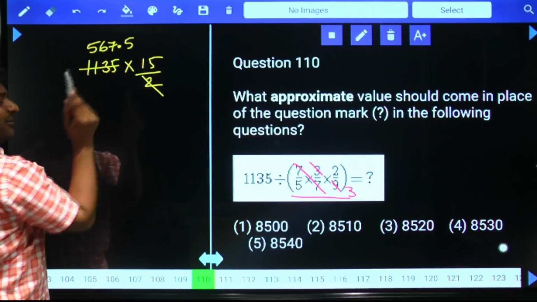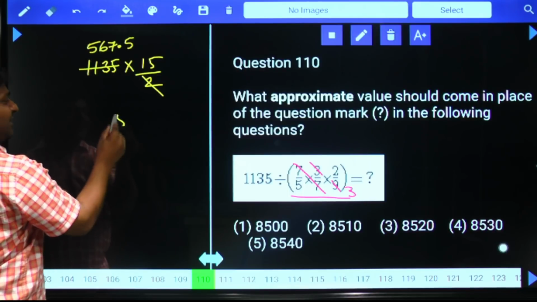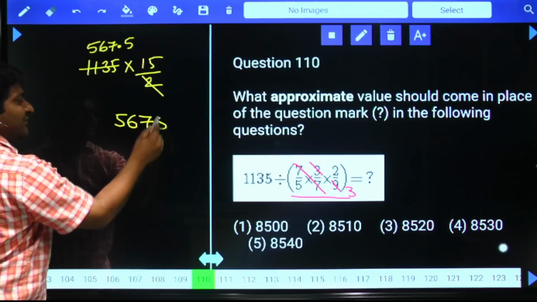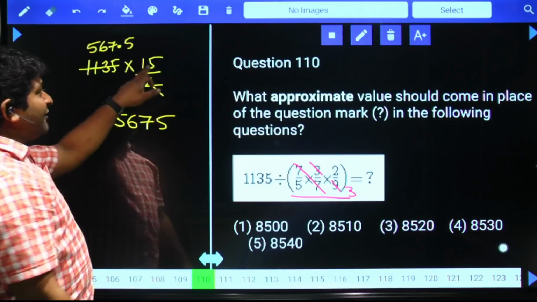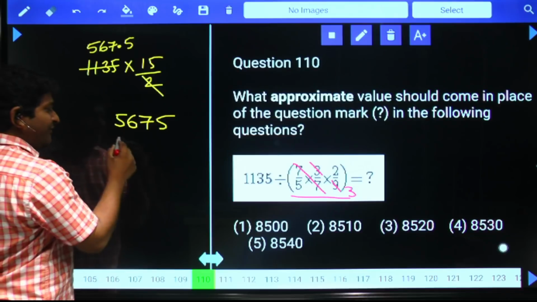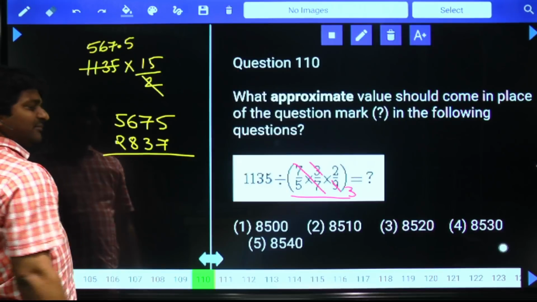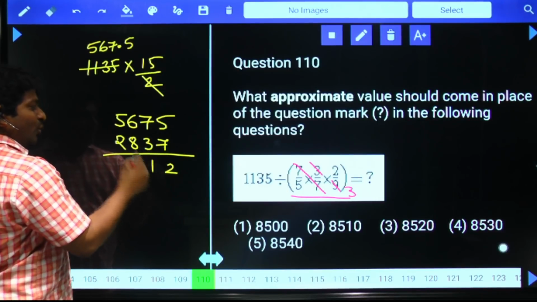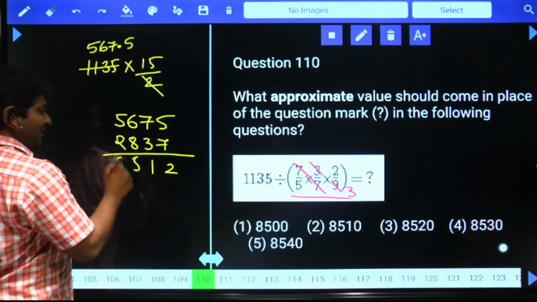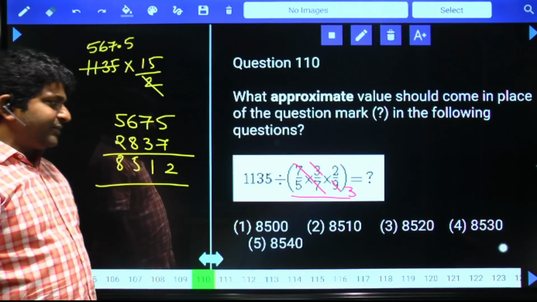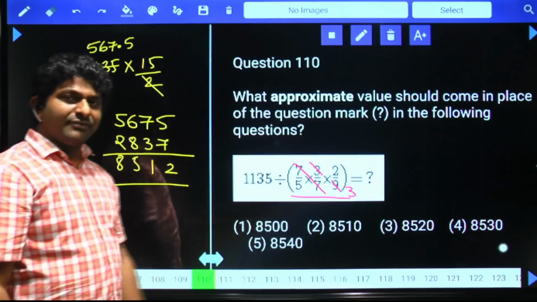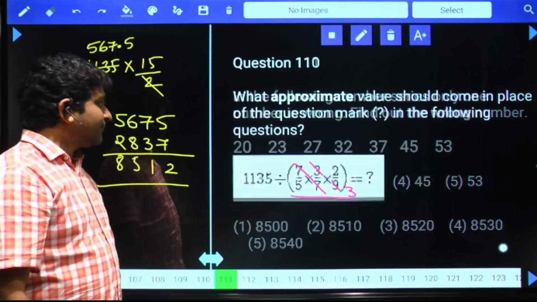This number multiplied by 15. 10 times of this number is equal to 5675. And again 5 more times, in the sense exactly half of this number, that is 2837 point something. 2, 1, 5 and then 8. 8512. 8512 approximate 8510. Second option.